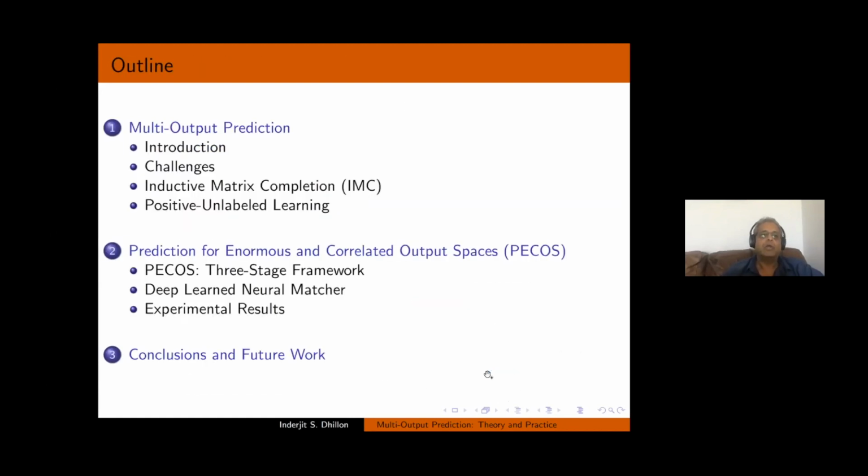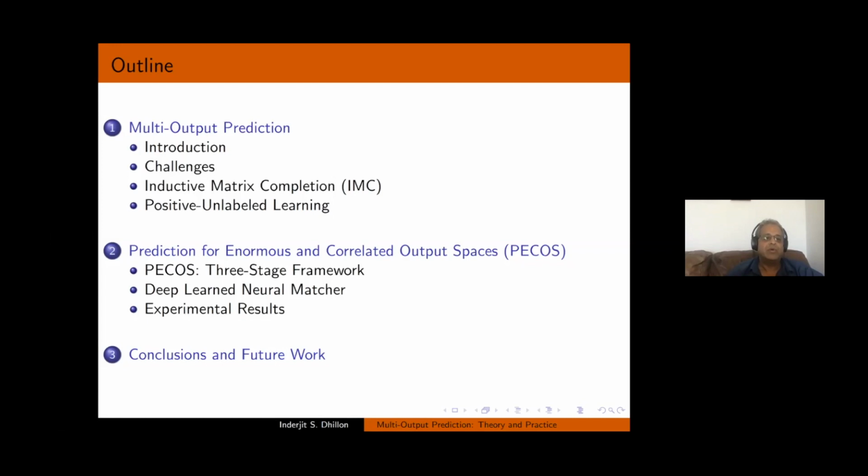Okay, so here's the outline of my talk. I'll first introduce what I mean by multi-output prediction. I'll outline the challenges. I will then talk about a few of these methods and how they meet the challenges: inductive matrix completion, and a framing of a problem called positive unlabeled learning that comes from one of the challenges that I outline.